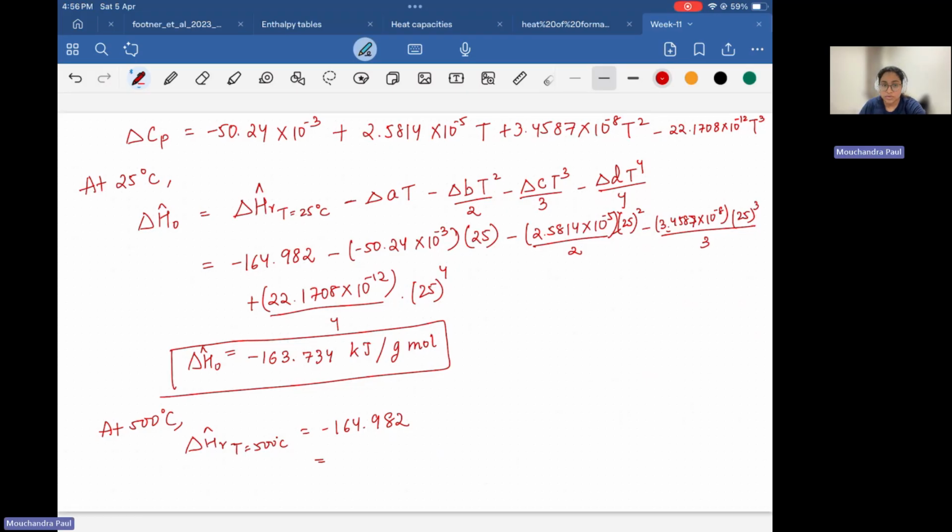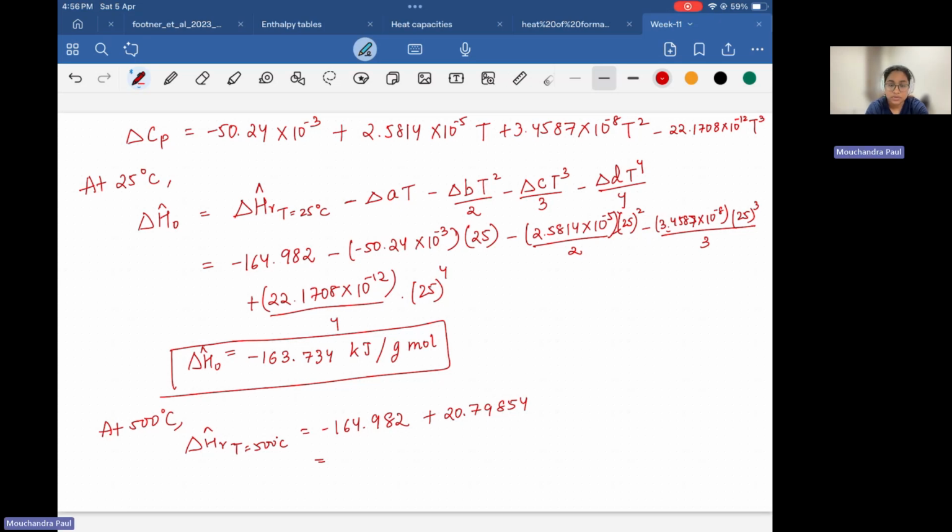Then the value will become 20.79854. Yep.